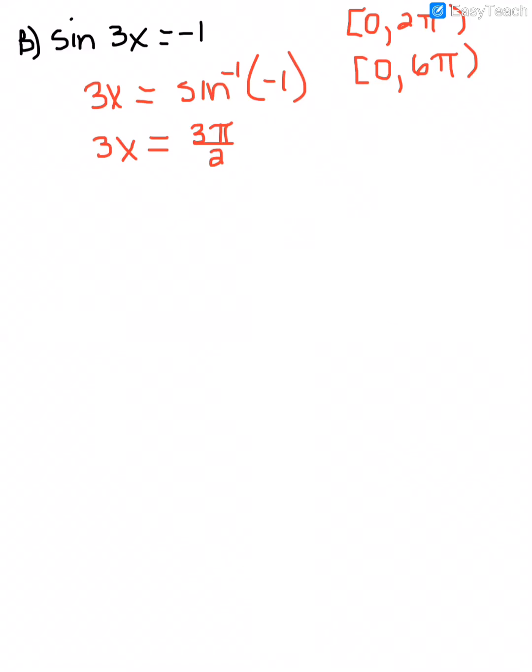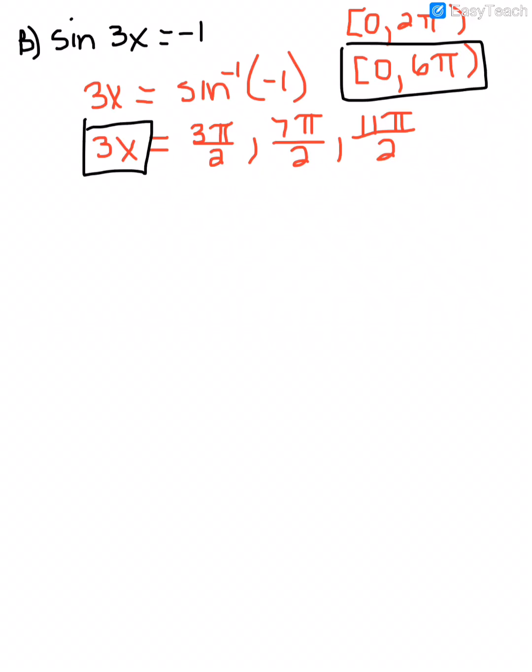We're looking between 0 and 6 pi. So not only do we have 3 pi over 2, but we also have 7 pi over 2 and 11 pi over 2. So when we're looking for 3x, that's going to be in that interval because it's 3 times the angle.